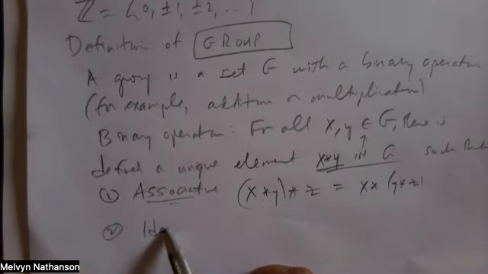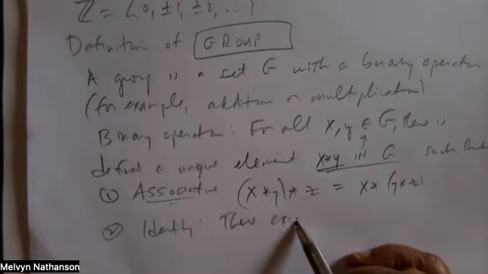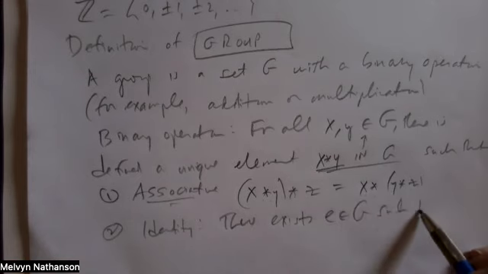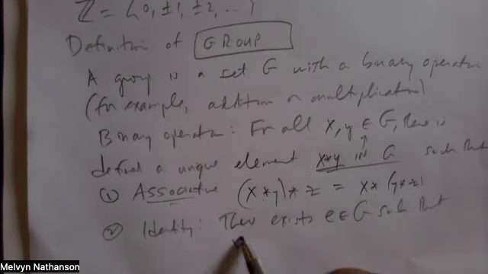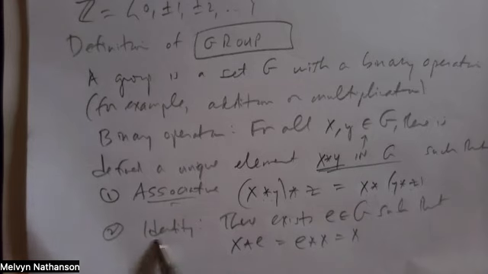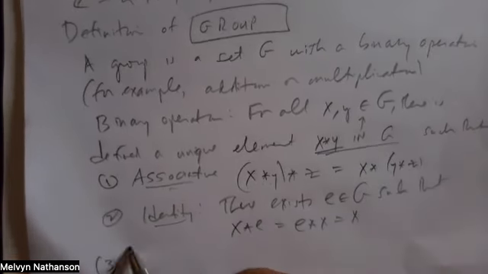Second, there's an identity element. There exists an element called e in G such that if you multiply any element by e, either on the right or on the left, you get back the element. This is the identity. The third property is the existence of inverses.